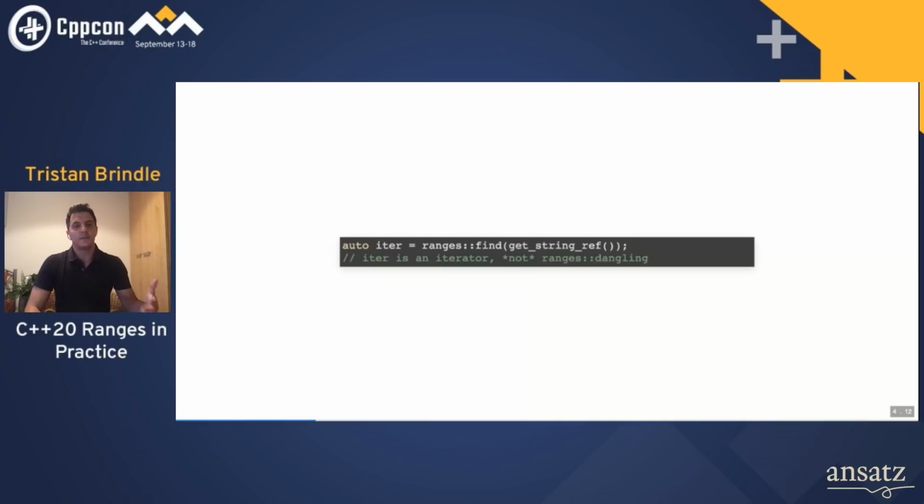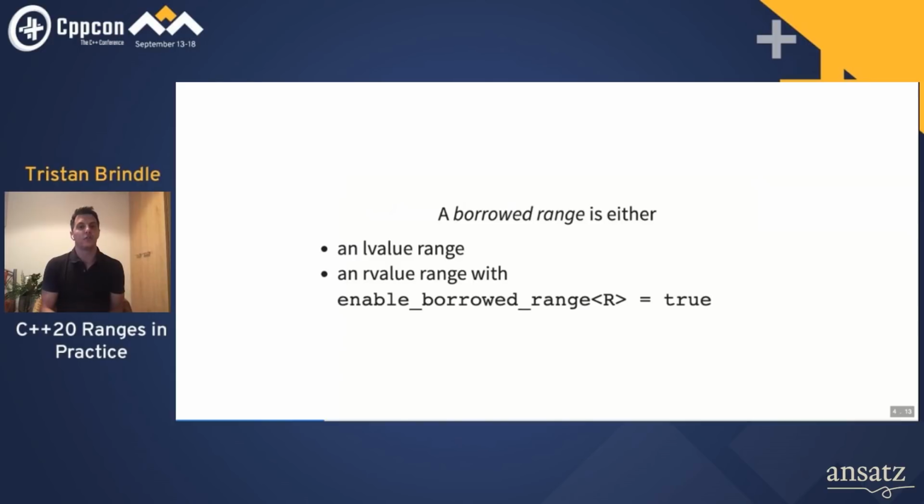So these kinds of types, as we've just seen, are called borrowed ranges in the ranges world. A type whose iterators can safely outlive the thing that you call begin on is called a borrowed range. So there are two kinds of borrowed ranges, either L values. Again, if we pass an L value vector into find, that's absolutely fine. We're going to get an iterator out.